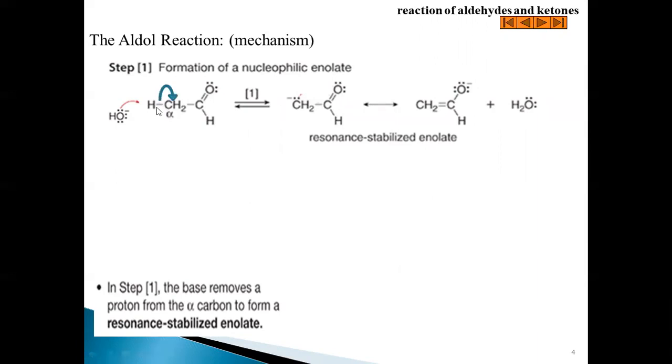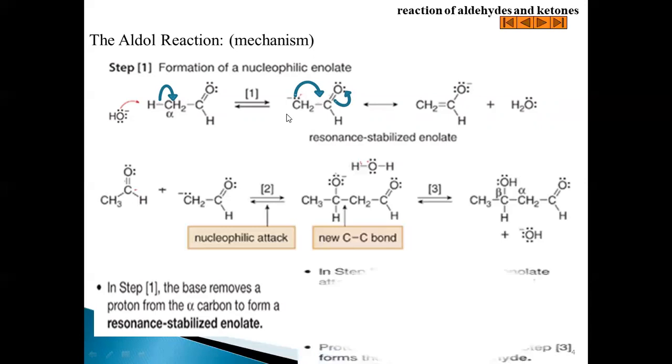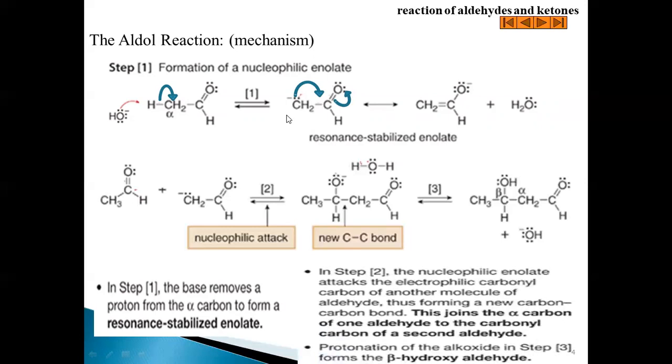Here we can see the hydrogen, that is alpha hydrogen, is abstracted by a base to form a resonance stabilized enolate. Then further in step 2, the nucleophilic enolate attacks the electrophilic carbonyl carbon of another molecule of aldehyde.